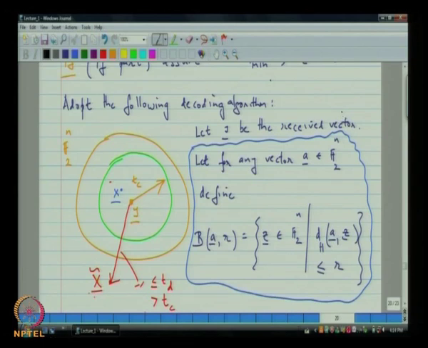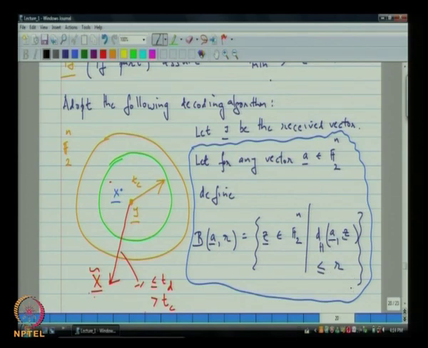So, the decoding algorithm runs as follows. By the way, one definition that we use here is that of a ball. Given any vector A and given a real number r, which we think of as the radius, the ball surrounding the vector is the set of all n tuples Z where the Hamming distance between A and Z is less than or equal to r.